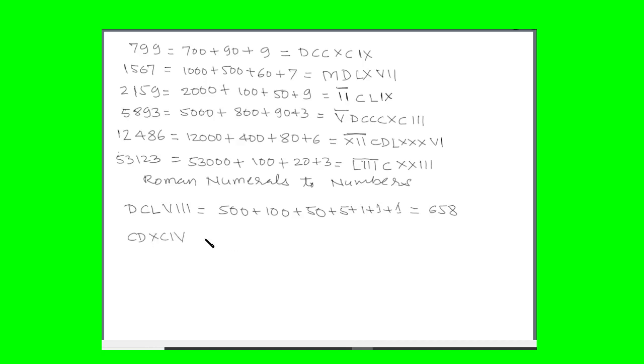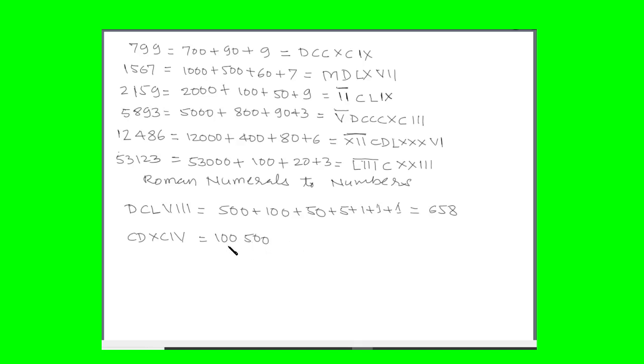Now we go to CD, XC, IV. CD. C is 100 and D is 500. Here we see that 100 is a smaller number than 500, that is, a smaller symbol is on the left of a greater symbol.